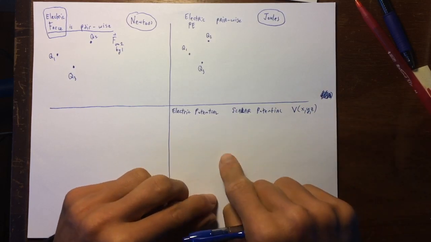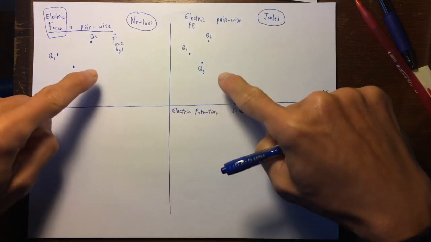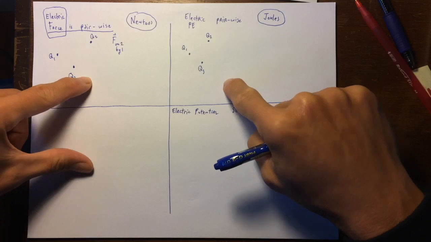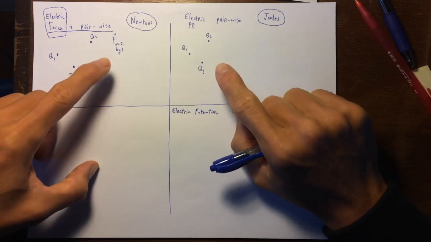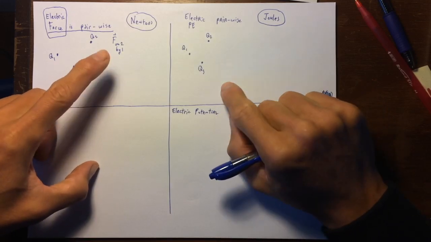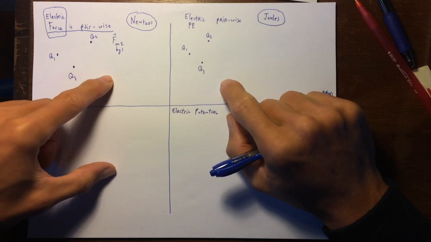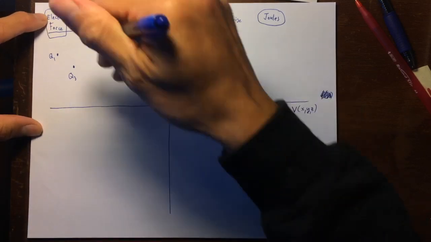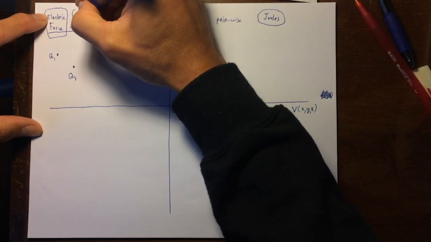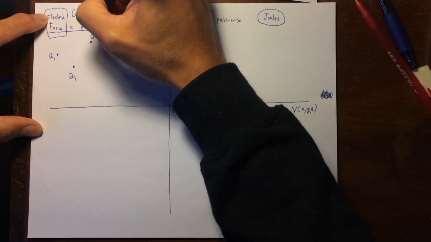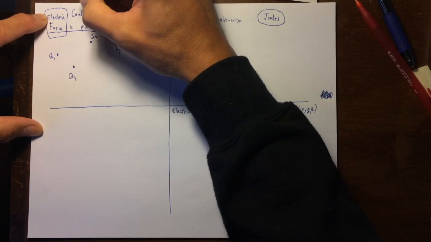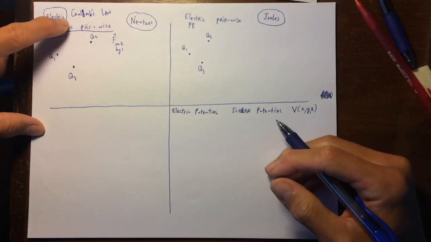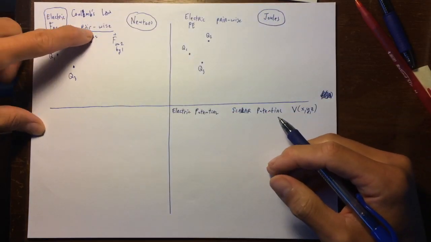I'm going to get there, but before I get there, let me tell you about some stuff that you already know about, and hopefully you learn from that anyways. So electric force is given to us by Coulomb's law. Coulomb's law is a pairwise law.